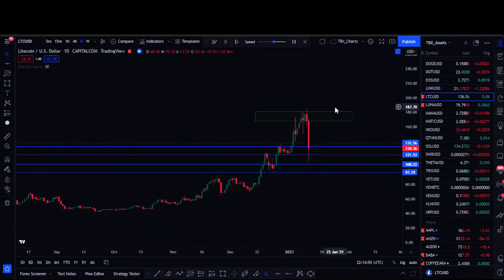But as I've said earlier, support and resistance gives you the room to prepare for every single scenario possible. So the most likely scenario I'll be expecting from here is for price to bounce back and continue this uptrend. The main reason why I drew this support here is because this is a swing.